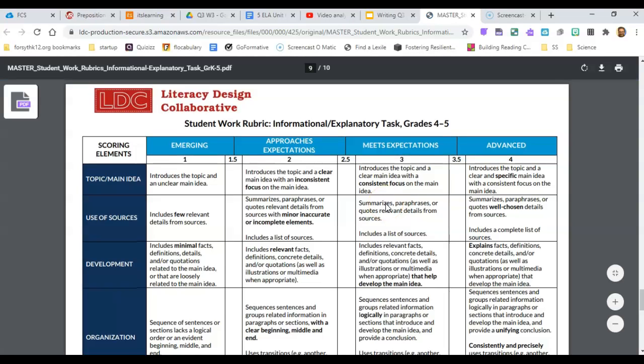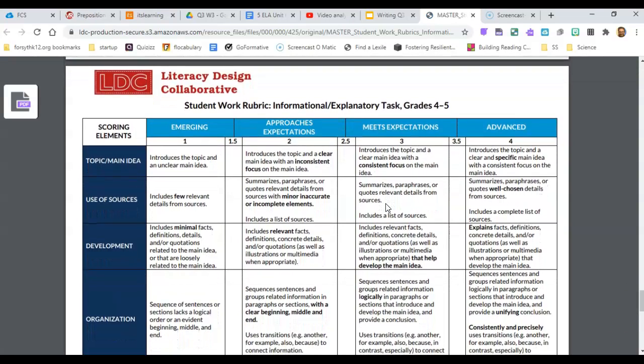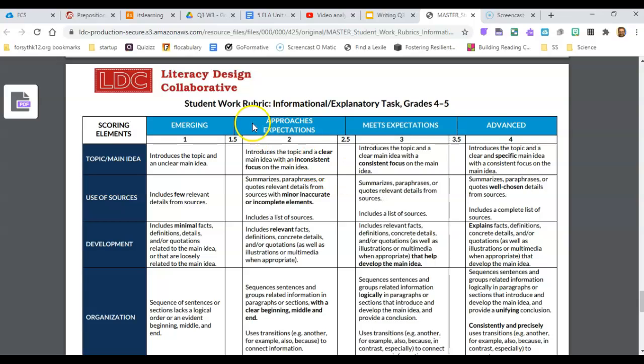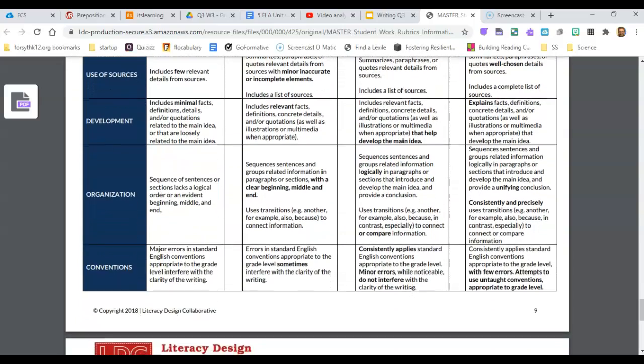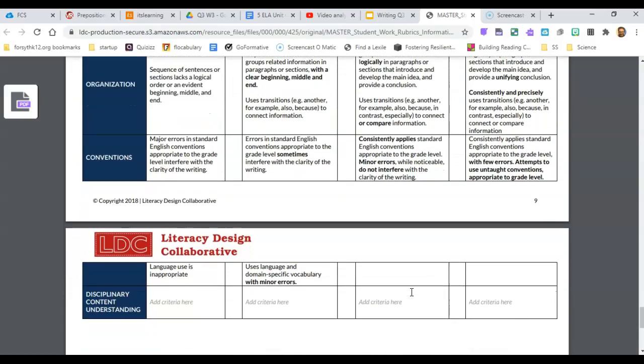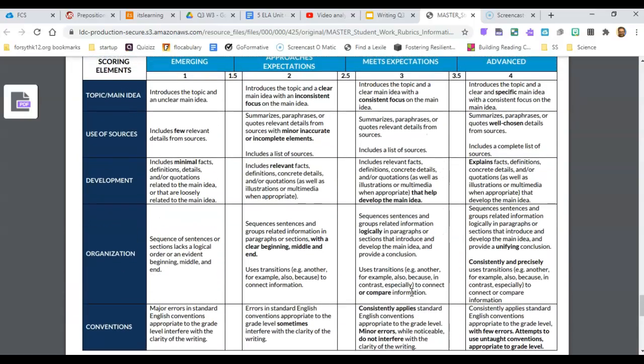Option one here is a rubric that shows how to grade an informational piece, grades 4 and 5. This is a collaborative group work done by the Literacy Design, and this is kind of the official rubric that we'd look at as far as what we need.